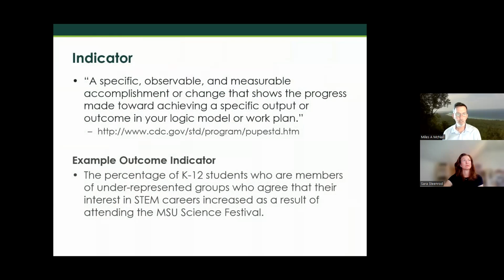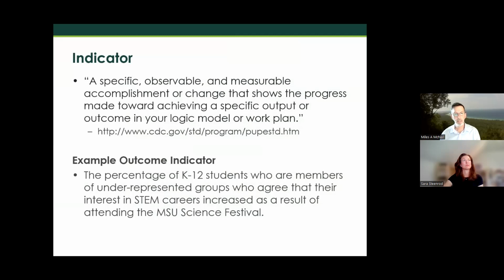So our example indicator, and Sara actually showed this to you in that multicolored slide earlier. The way we're going to tell whether that outcome was achieved is by determining the percentage of K-12 students who are members of underrepresented groups who agree when we ask them that their interest in STEM careers increased as a result of attending the MSU Science Festival.